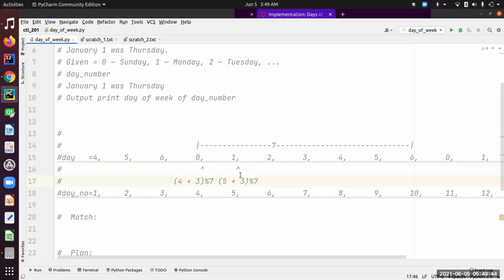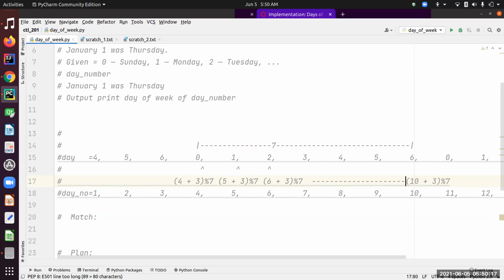We can see the same pattern repeats with the rest of the characters too. 6 plus 3 mod 7 is 2. And if you go all the way to number 10, 10 plus 3 is 13, and 13 mod 7 is 6.